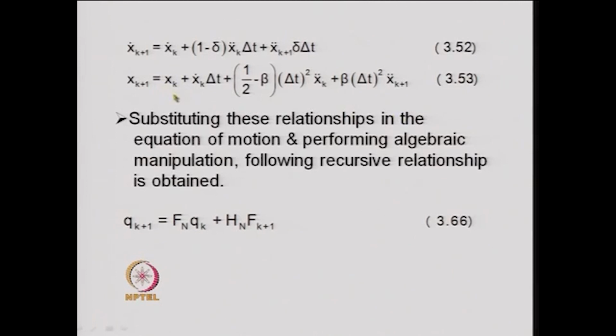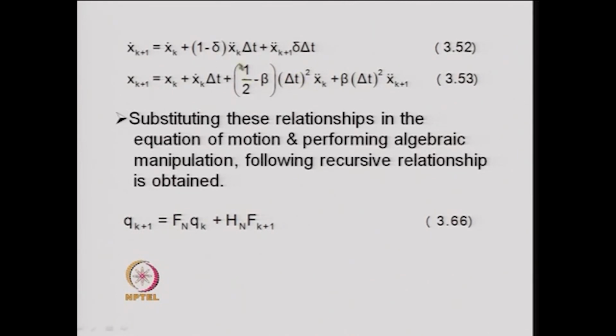Here the first two terms remain the same. Here what we have done, we have manipulated the acceleration, that is we are not assuming a constant acceleration acting between the 2 points, but an acceleration which is varying linearly, and therefore, we take into account the acceleration at both the points and assume it to vary linearly between the 2 points.